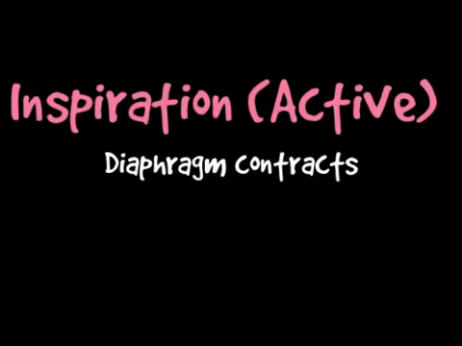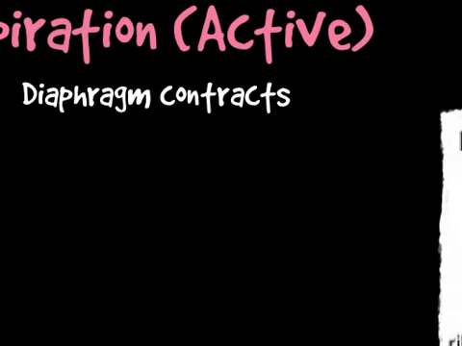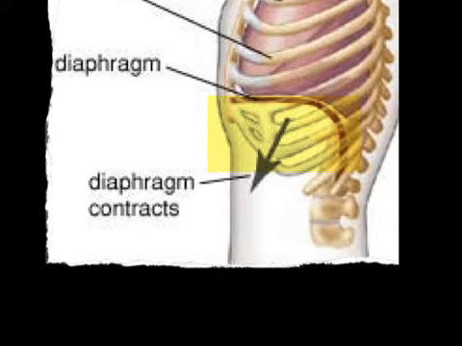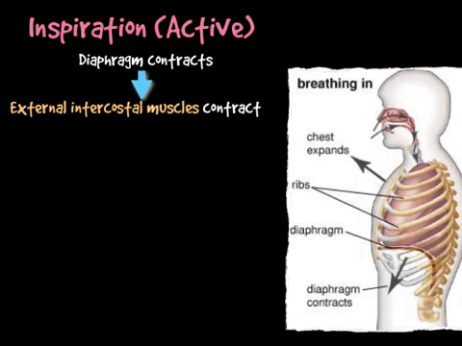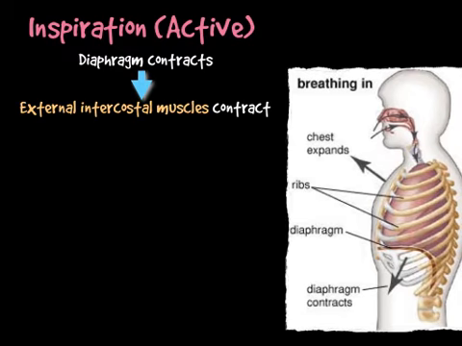And how this happens is, to begin with, your diaphragm, which is just below your ribs and your lungs, as you can see in the diagram, actually contracts to start with, which is sort of the end of the expiration cycle. Again to do with the end of the expiration cycle, the external intercostal muscles, which are located just underneath your ribs, actually contract.